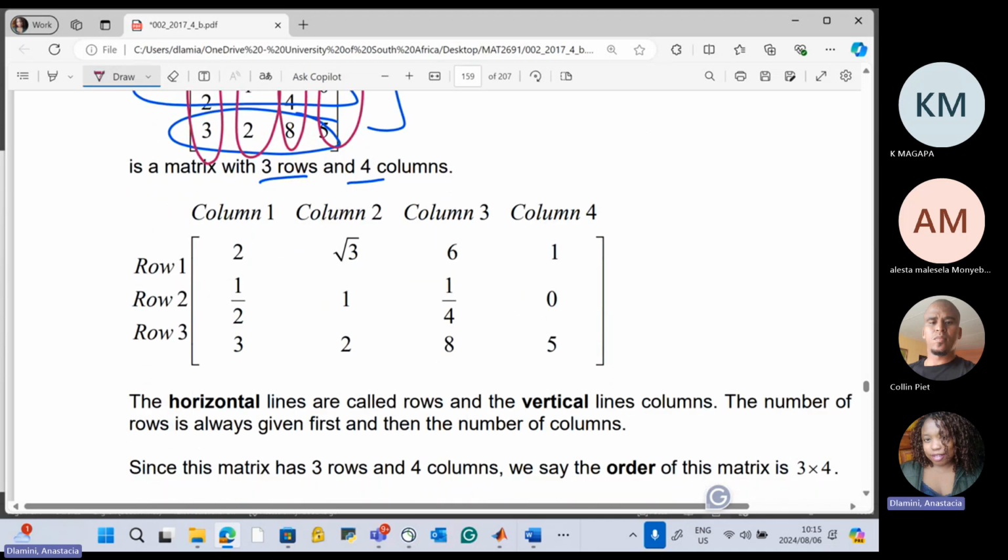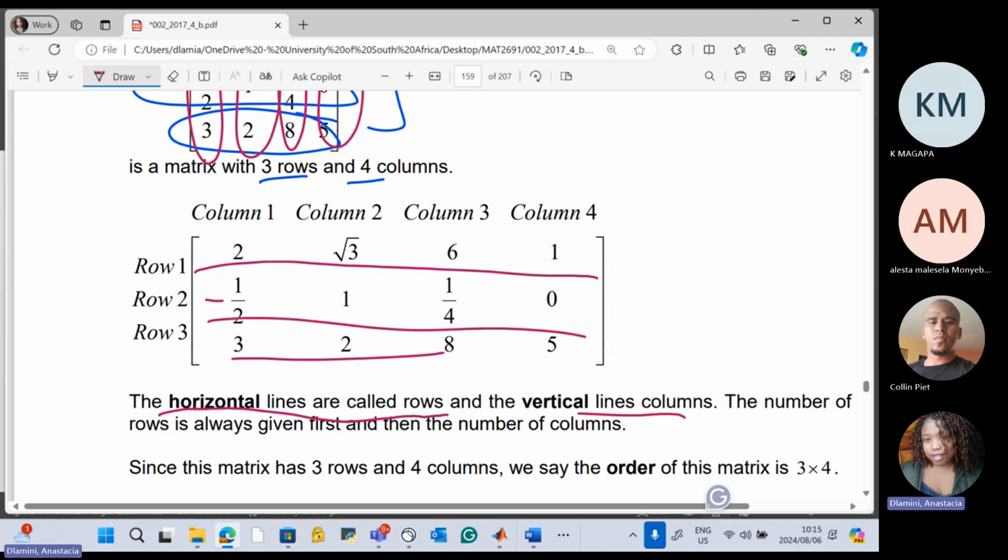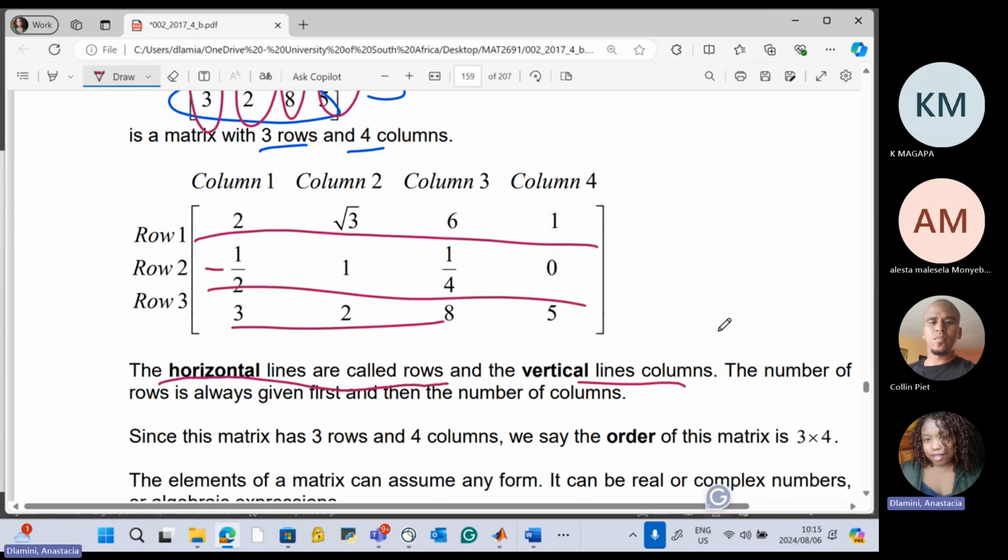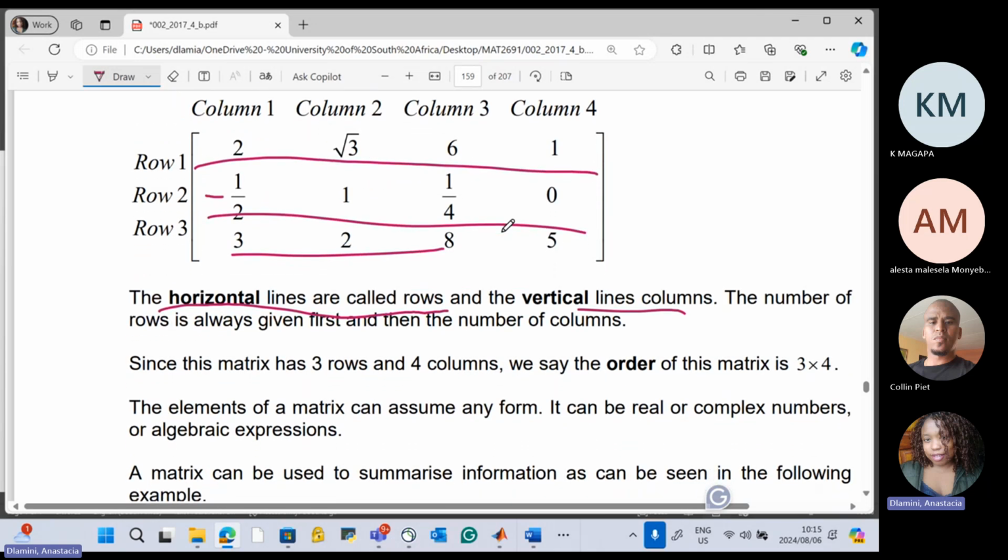As it's demonstrated here, the horizontal lines are called rows, meaning that if you move like this, you are moving in terms of rows, and the vertical lines are called columns. The number of rows is always given first, and then the number of columns.